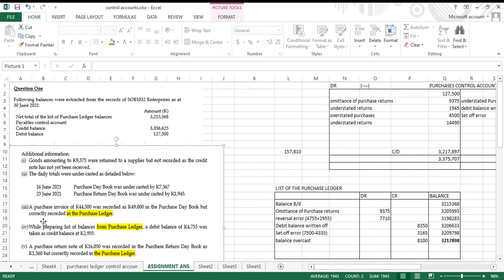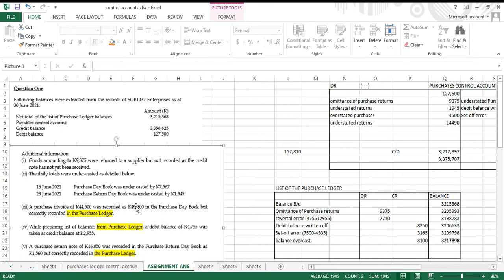Right. Okay. The third one. A purchase invoice of 44,500 was recorded as 49,000 in the purchase day book, but correctly recorded in the purchase ledger. All right. So this, as we've been told, has been correctly recorded in the purchase ledger. On our control account, it's been overstated.